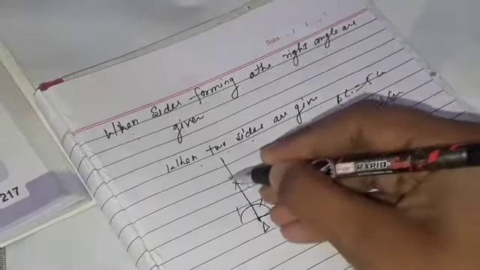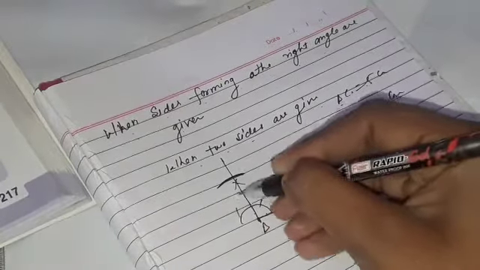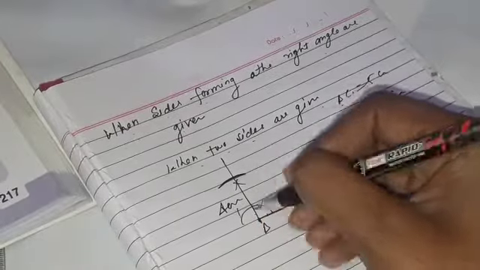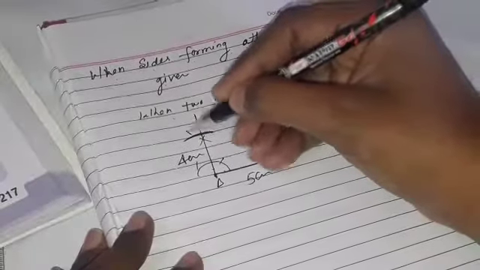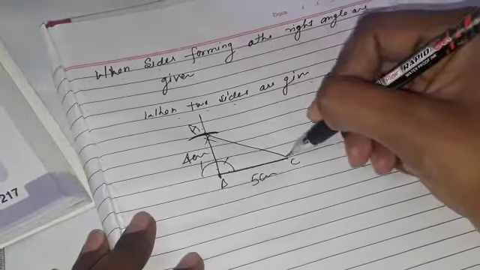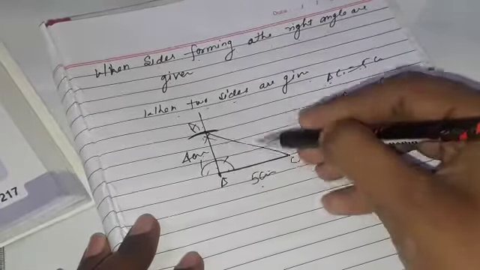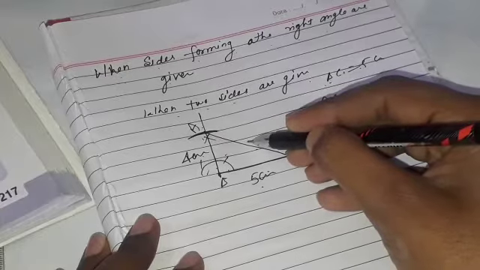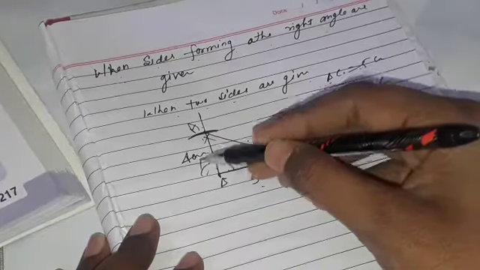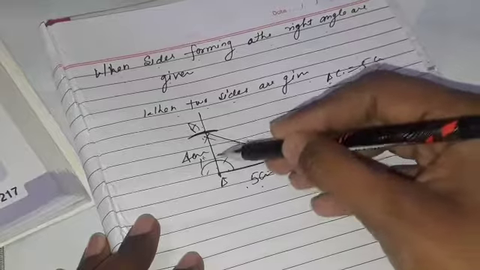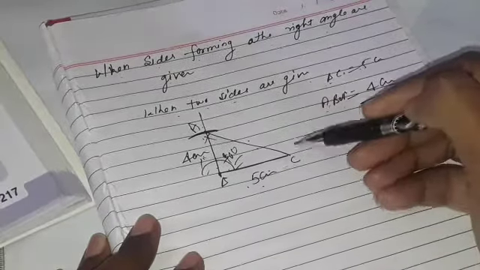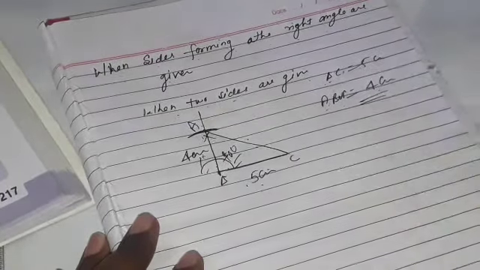So from B you make an arc of 4 centimeter. This is the 4 centimeter arc. Just join this point A with C. At this time class, your concentration is only on BC and AB. Whatever comes here, it's none of your business. So 4 centimeter and 5 centimeter sides are here, with a 90 degree angle. This is how you create your triangle.